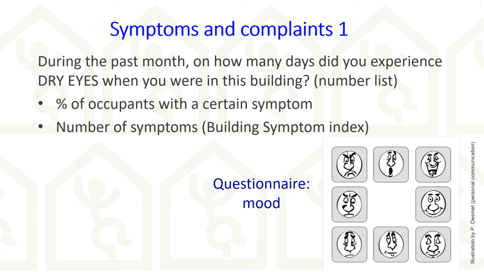Questions related to symptoms, such as for example shown here, can be used to calculate the percentage of occupants with a certain symptom, or even the number of symptoms per occupant defined as the building symptom index.